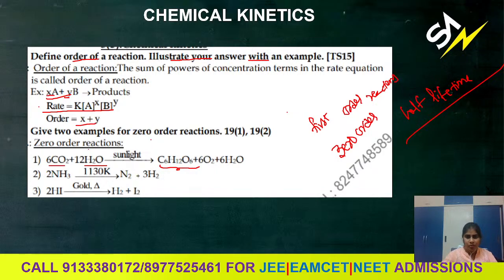This is the photosynthesis reaction, and it is zero order. Another is the decomposition of ammonia, where 2 moles of NH3 give rise to N2 plus 3H2. One more reaction is hydrogen iodide, which gives rise to hydrogen and iodine on heating. These are a few examples of zero order reactions.